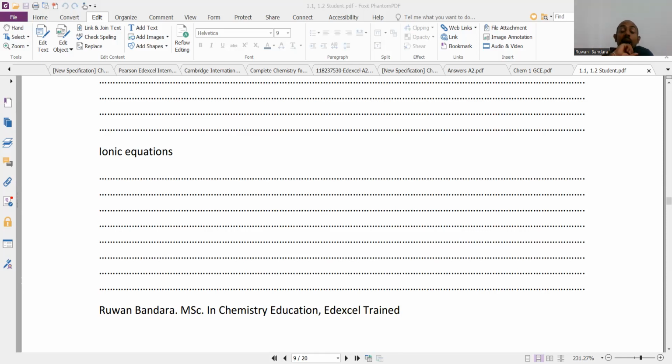Then write down: ionic equations show the ions that react together and not the spectator ions. Within bracket, write down the meaning of the spectator ions.